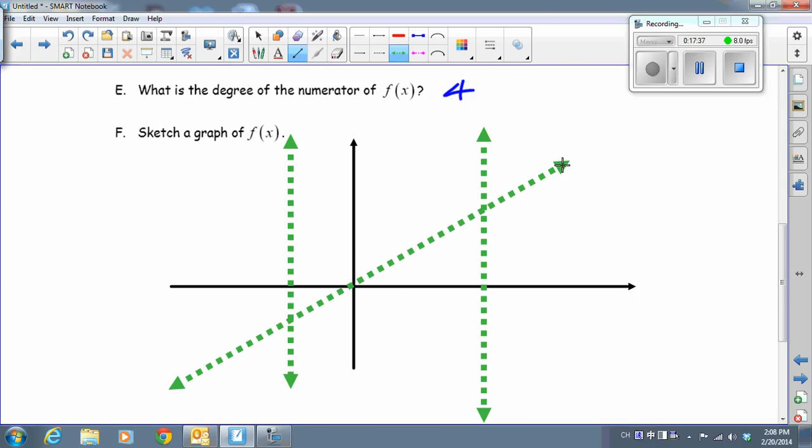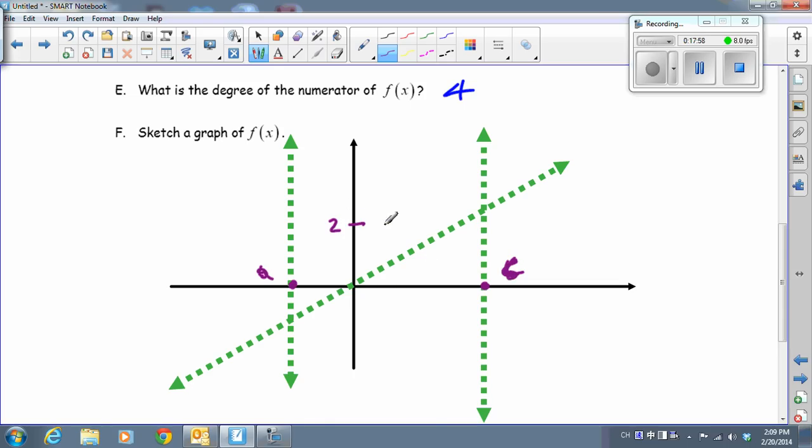I'll graph a slant asymptote. We know that this value is a. I'm calling this one a. I'm calling this one b. And this is my slant asymptote. Actually, this is c. B is the hole, so we need a hole somewhere. And f of b is 2.